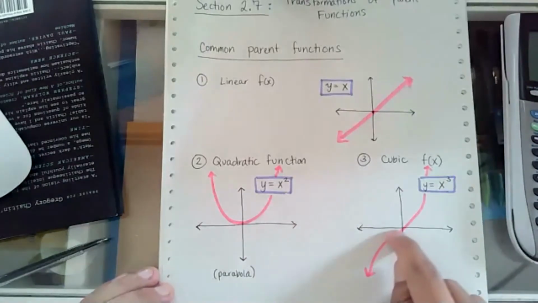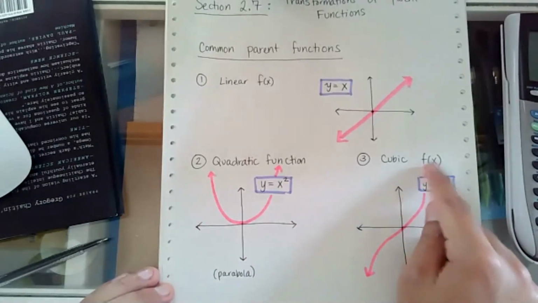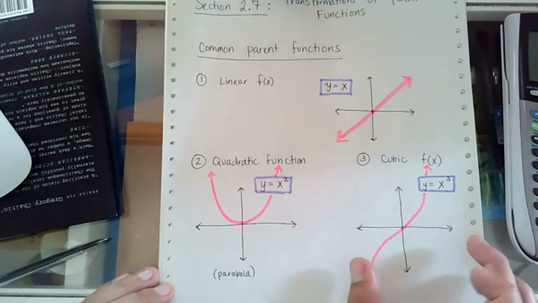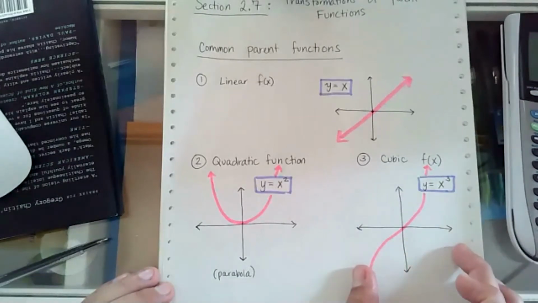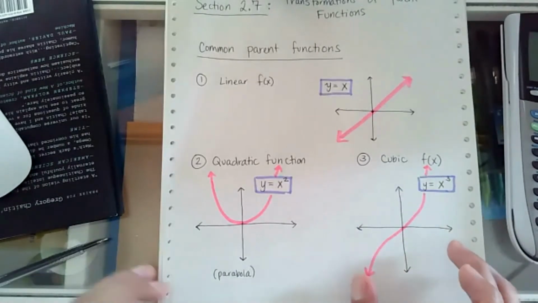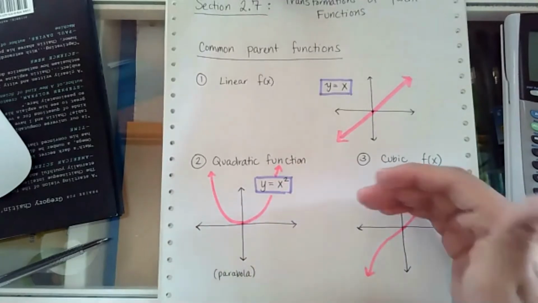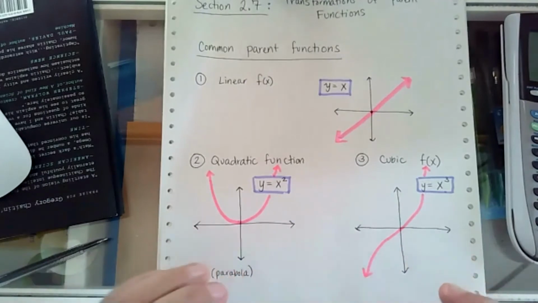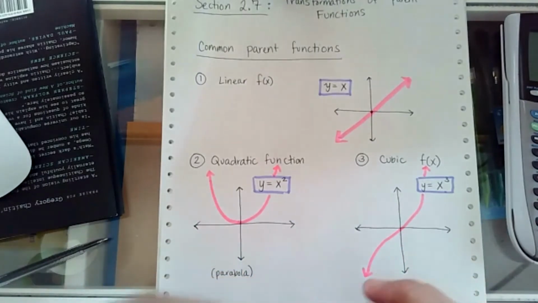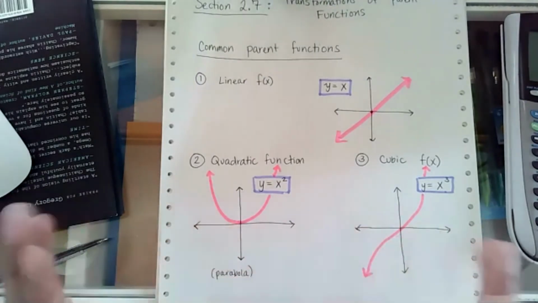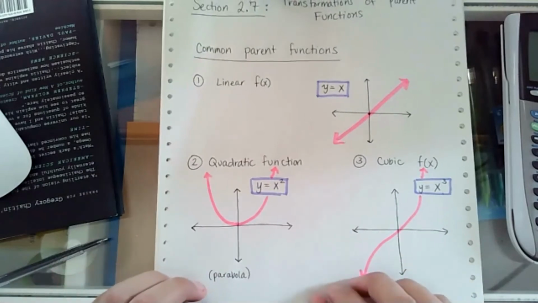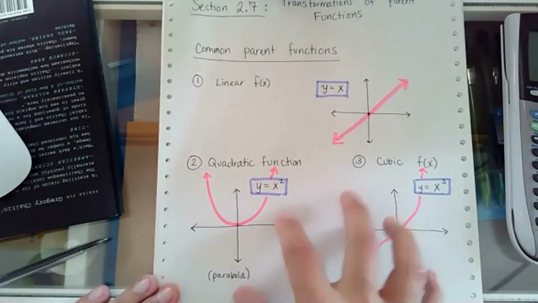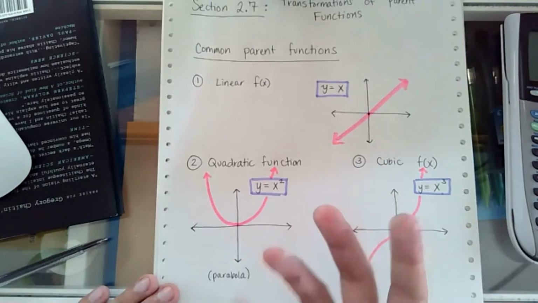Something that's a little bit wigglier like this, we'll think, oh, that must be the parent function is a cubic function. And even if it looks a little bit more warped or stretched, we're always going to go back to these parent functions as the reference for which we'll start to analyze the graphs of other, maybe more exotic functions.